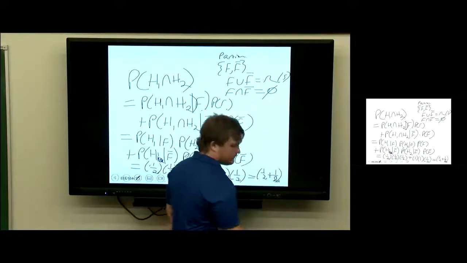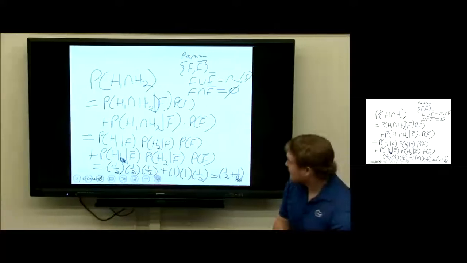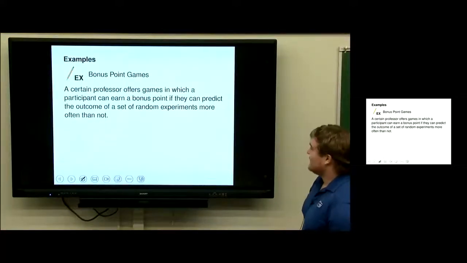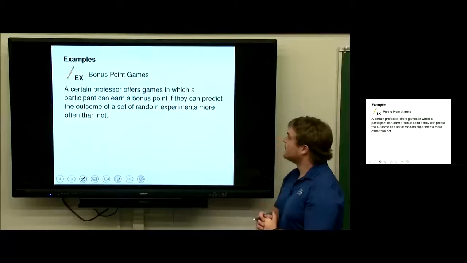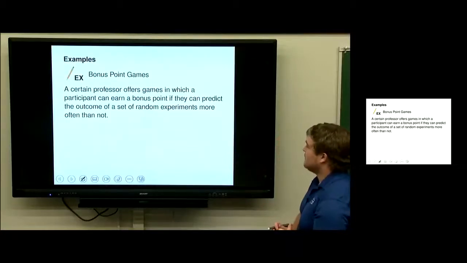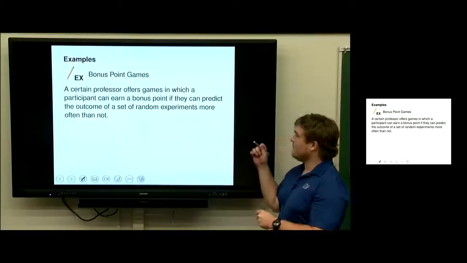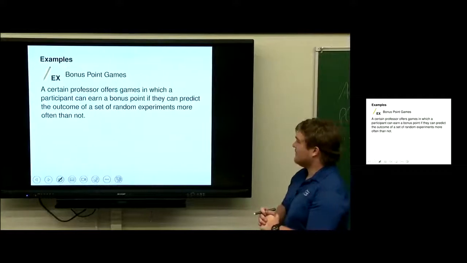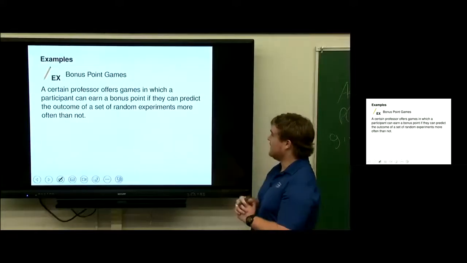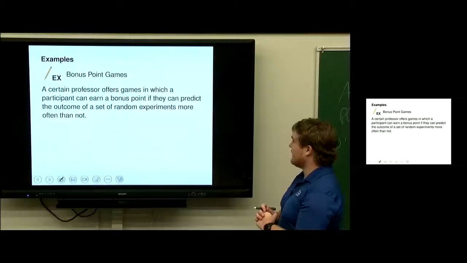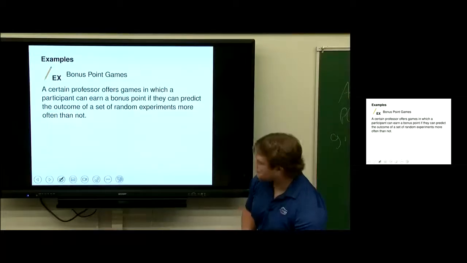So let's move on to another example now. Bonus points games. A certain professor offers games in which a participant can earn a bonus point if they can predict the outcome of a set of random experiments more often than not.